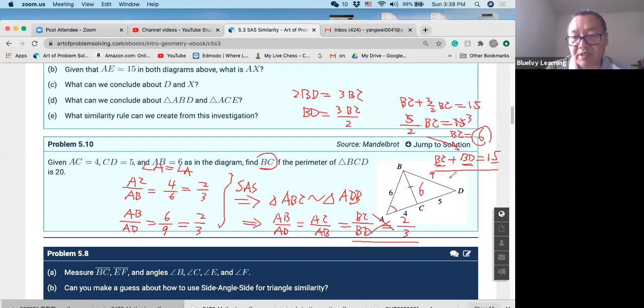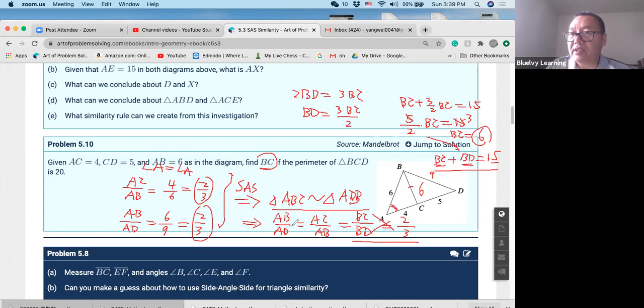See, this problem is a little bit harder. So first, you need to calculate the ratio of the sides. After you calculate the ratio, you get 2 over 3. So that means you have 2 pairs of sides with the same ratio. Then you also notice these 2 triangles share the same angle A. Then you get triangle ABC similar with ADB.